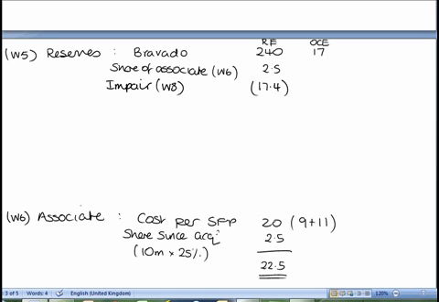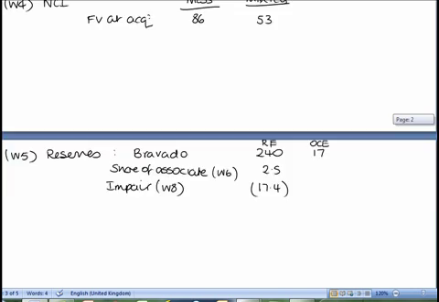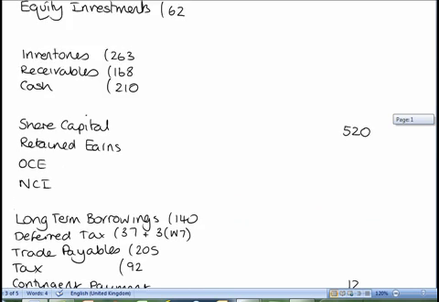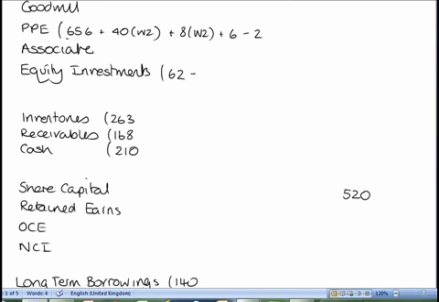Sorry? Because it's an impairment rather than a revaluation. It's an impairment, isn't it? So impairments go through retained earnings. Equity investments less 17.4, working number 8.